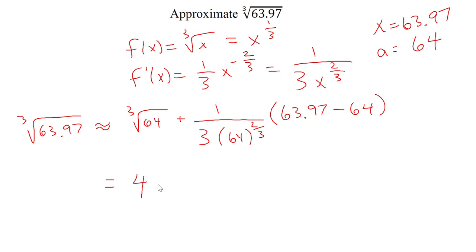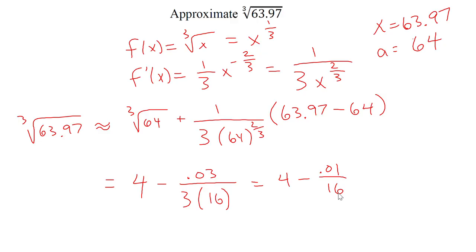So we'll just say 4 minus 0.03 over 3 times 64 to the 2/3. Well, the cube root of 64 is 4, and when you square that, that would be 16. So this is 3 times 16. We can cancel out the 0.03 with the 3, just making that 4 minus 0.01 over 16.